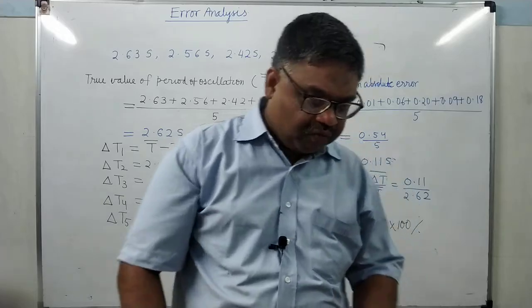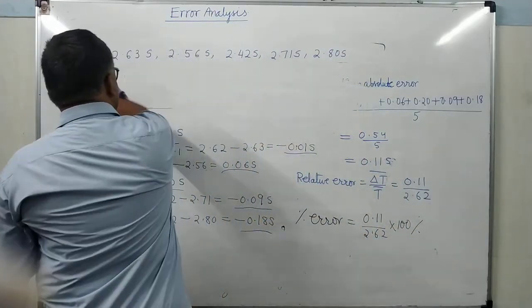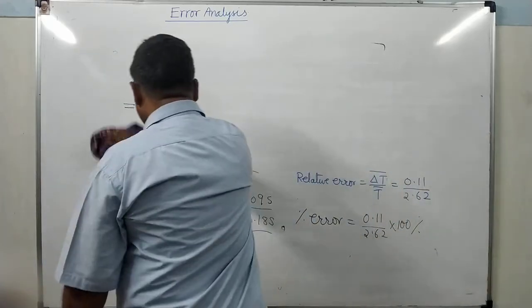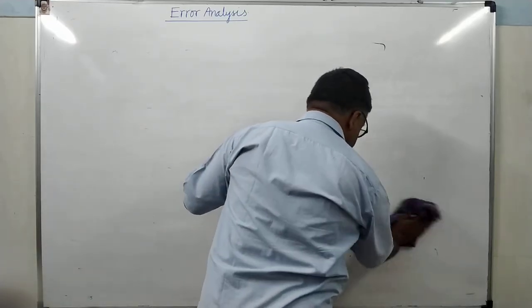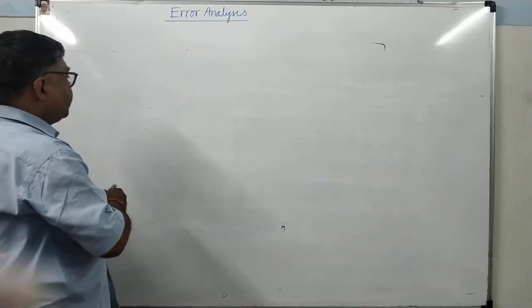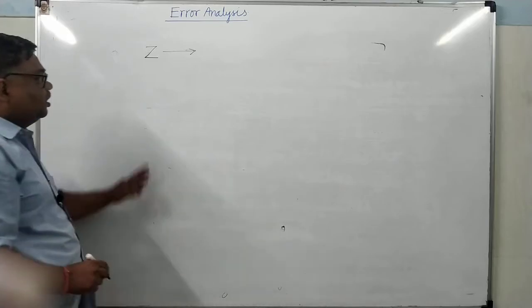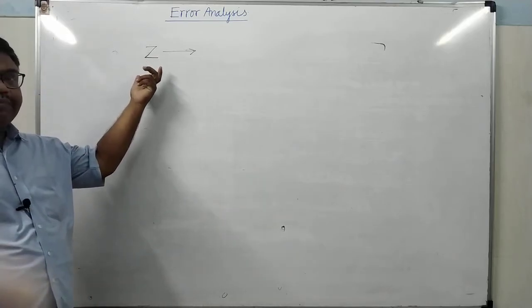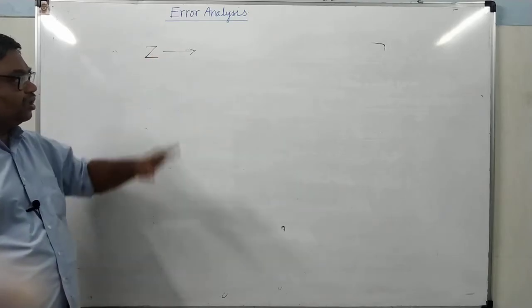See here, suppose there is a physical quantity z which depends upon some measured values. Here it is a calculated value. This physical quantity is obtained by measuring some other physical quantities.